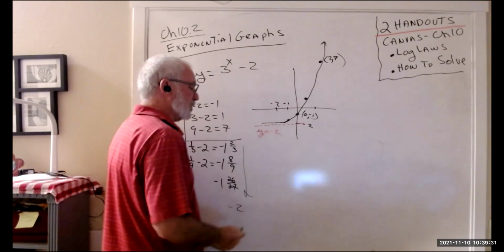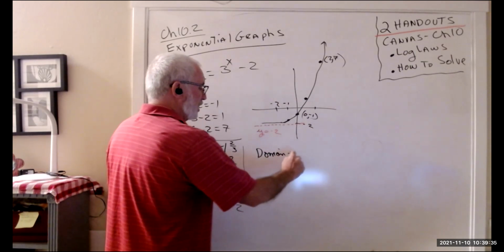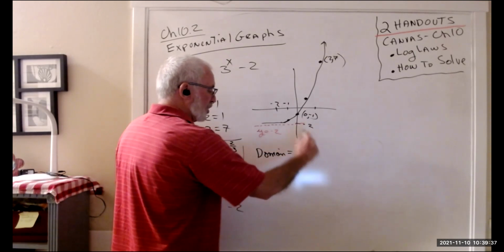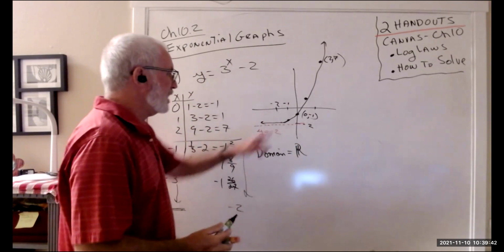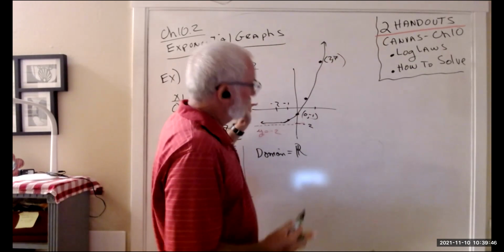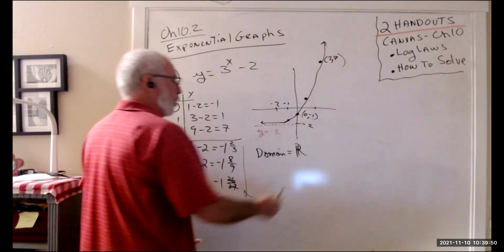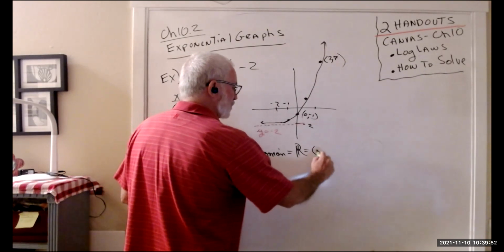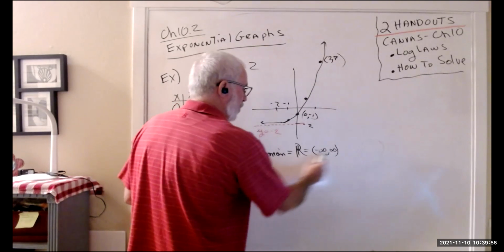And then answer questions like the domain of this thing is either fancy R, which means all real numbers, because the domain is the x's and they go to -infinity and out further to +infinity, or you could say -infinity, +infinity. Those two are synonymous.